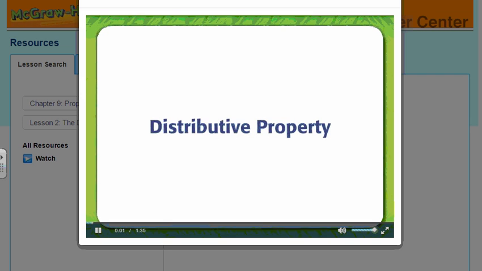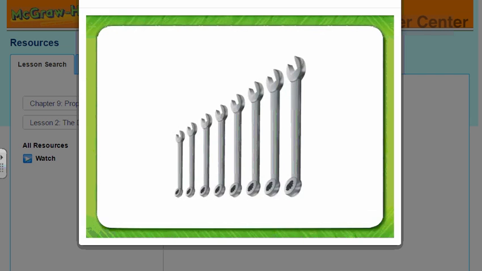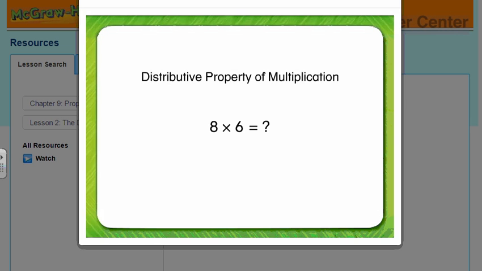Distributive property. A hardware store sells wrench sets. Each set holds 8 wrenches. How many wrenches are there in 6 sets? To find how many wrenches are in 6 sets, we need to multiply 8 times 6. To help us, we can use the distributive property of multiplication, which allows us to decompose numbers. Then we can use known facts to find the product. One way is to decompose 6 into 5 and 1.